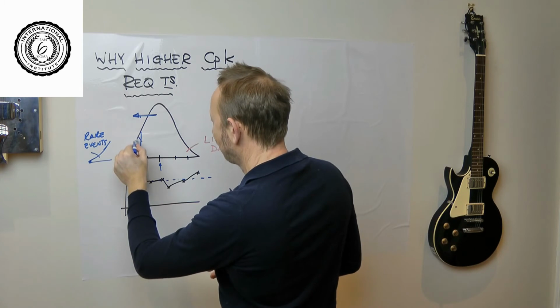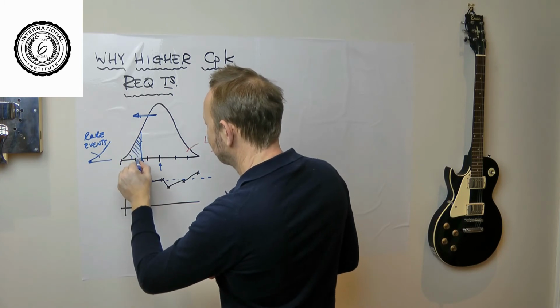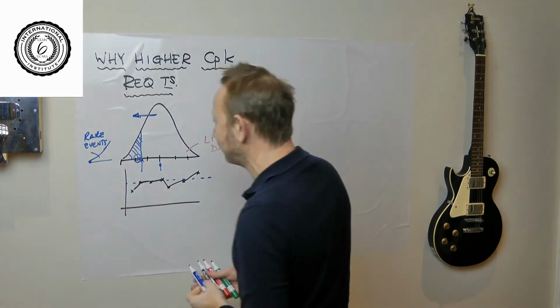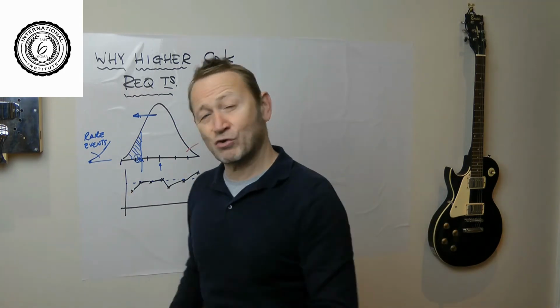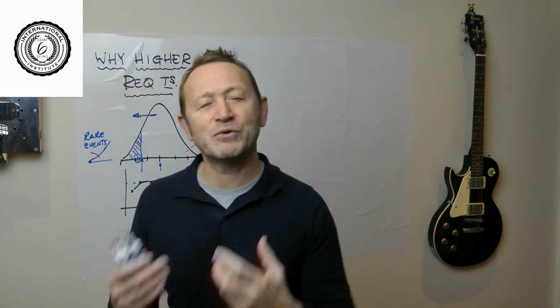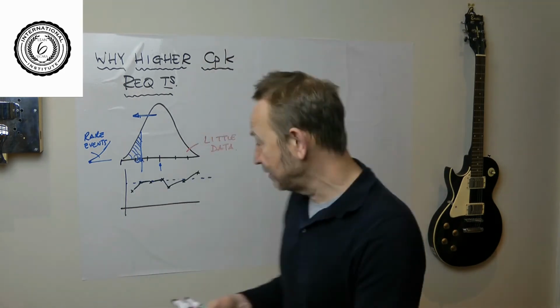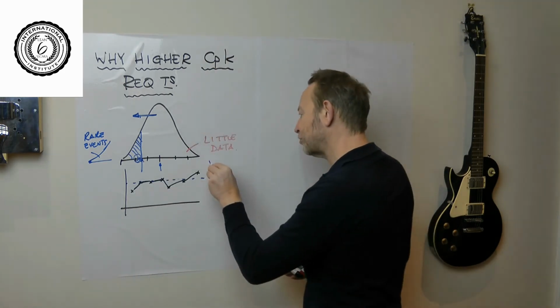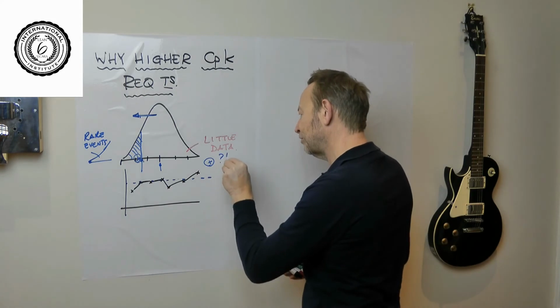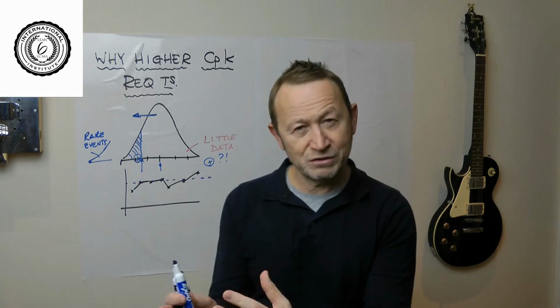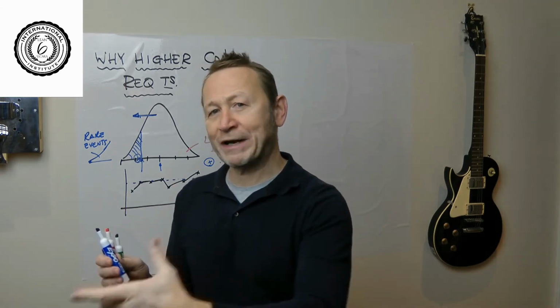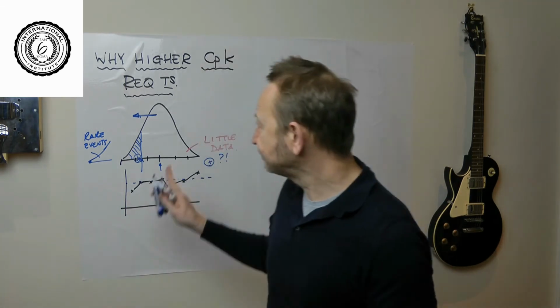Now that's quite a lot of data, and what we're saying is, in order to be certain of getting a data point out here somewhere, we're going to have to push the tail quite a long way. We're going to have to push it 1.5 sigma for it to really show us something unusual on the graph with some certainty. It's not saying it wouldn't do that, but we want to see it quickly with some certainty.